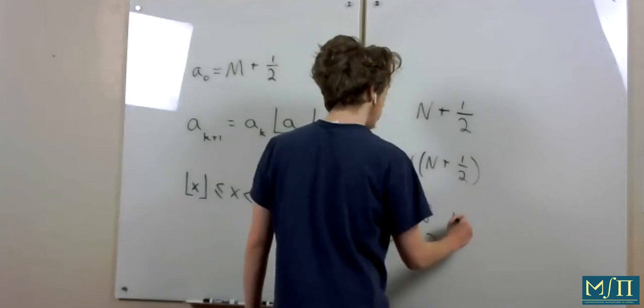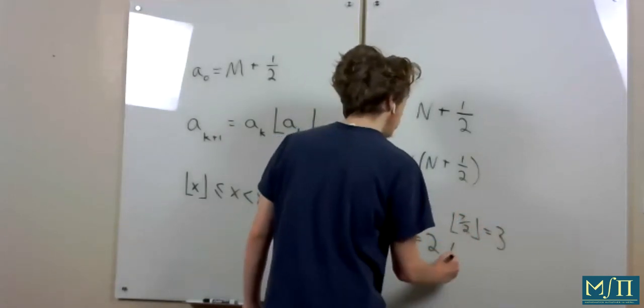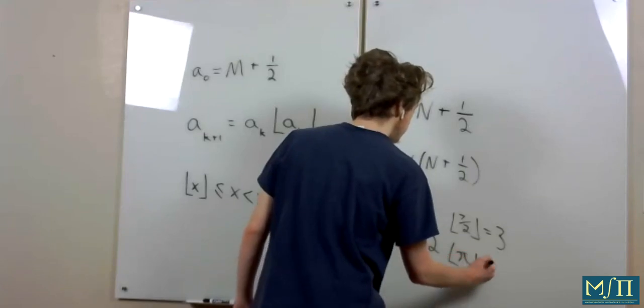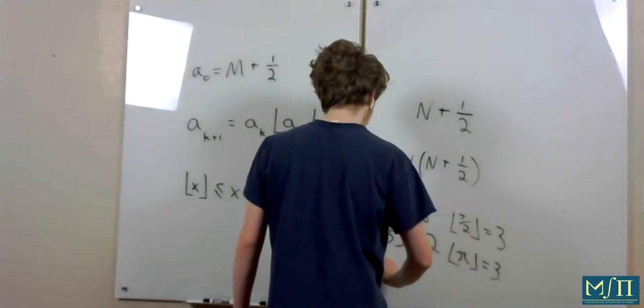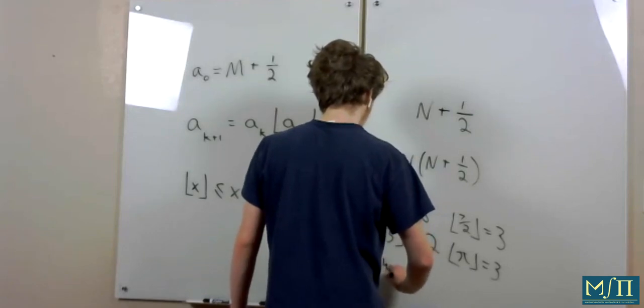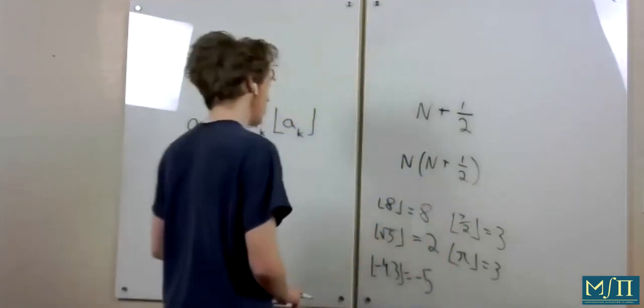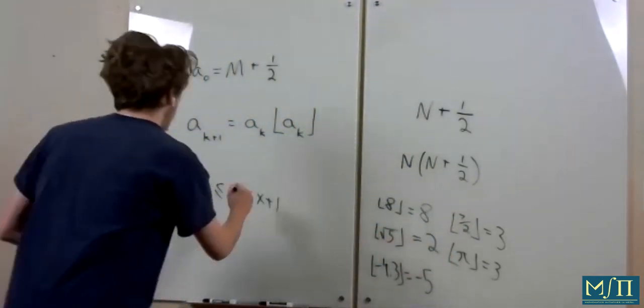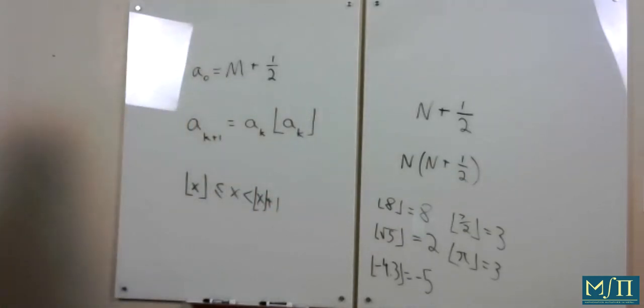The floor of 7 over 2 would be 3. The floor of pi would be 3. The floor of negative 4.3 would be negative 5. So this is the floor function, and it's always an integer. So yeah, that's the floor function.